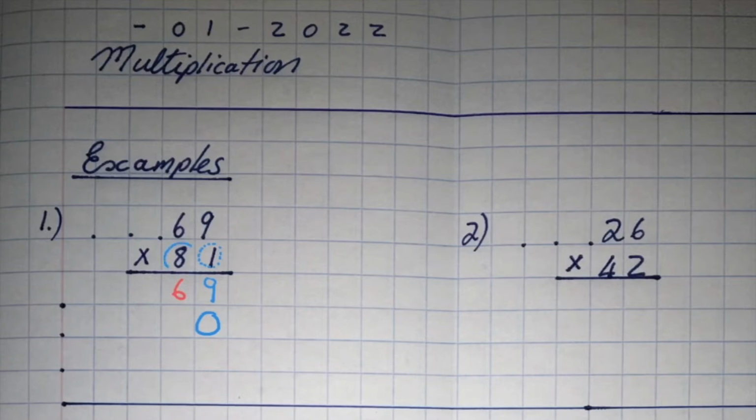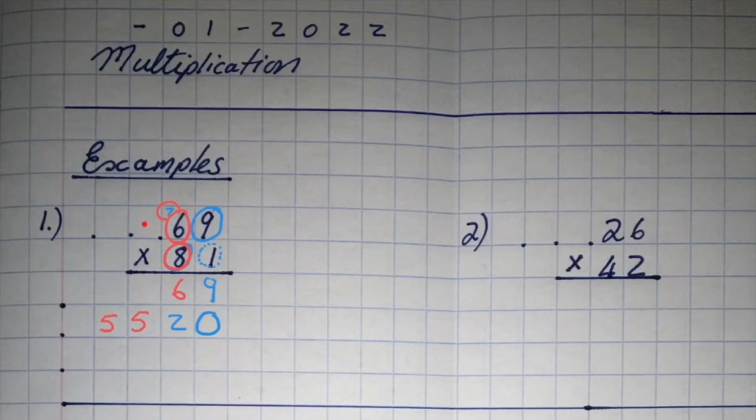We take this 8 and we multiply it against that 9, and 8 times 9 is 72. So I put down the 2 of the 72 and I carry. I then take this 8 and I multiply it against the 6 and I add the 7. So 8 times 6 is 48, add 7 and I get 55.